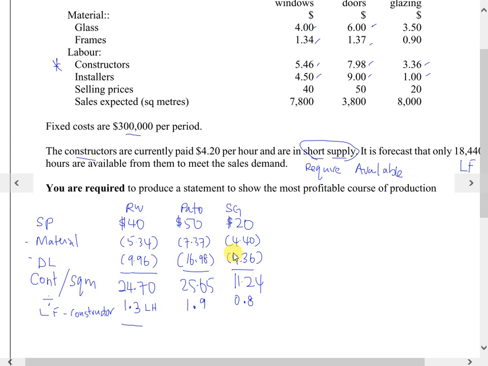Okay. Contribution per labor hour, or contribution per limiting factor: 19, 19, 17.5.